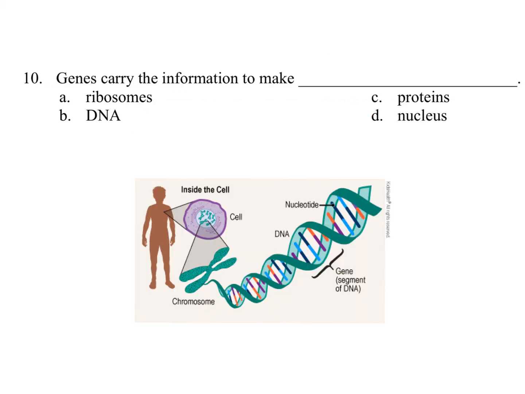For number 10, I'm including a picture. It says you have to fill in the blank. Genes carry the information to make what? Well, ribosomes is the organelle that makes proteins. DNA is nucleic acid that has the genetic code.